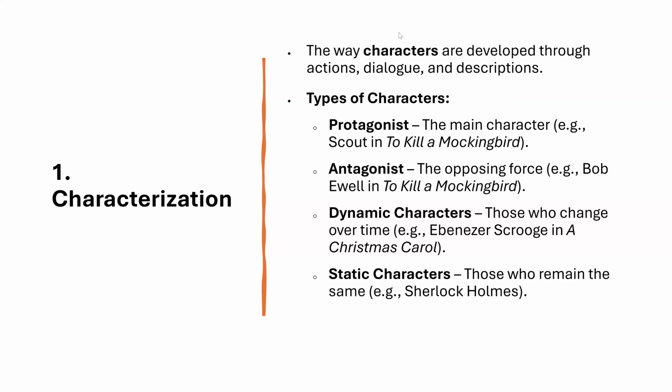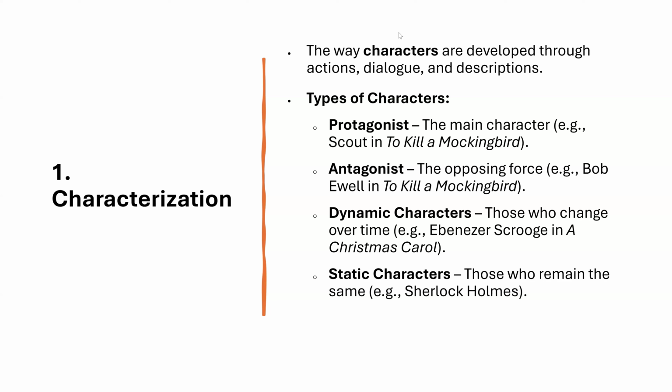The protagonist is the main character, for example the girl called Scout in To Kill a Mockingbird. Then the antagonist is the opposing force, like you in that same book. Then we have the dynamic characters, those who change over time.